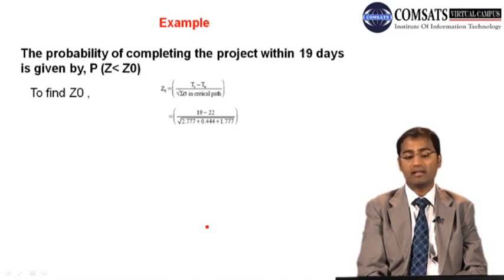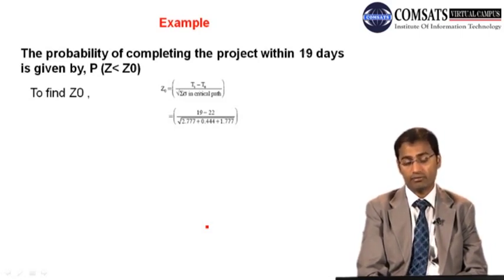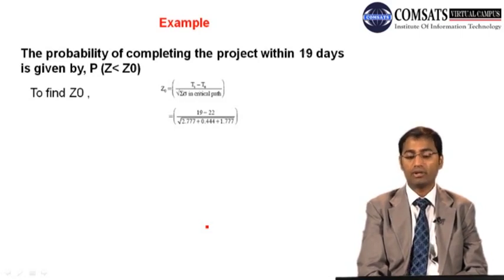If we are having variances on the critical path, there are 3 activities on the critical path, and the variances on those activities are 2.777 plus 0.444 plus 1.77. So we take the square root, and then we get this value, minus 1.3416.